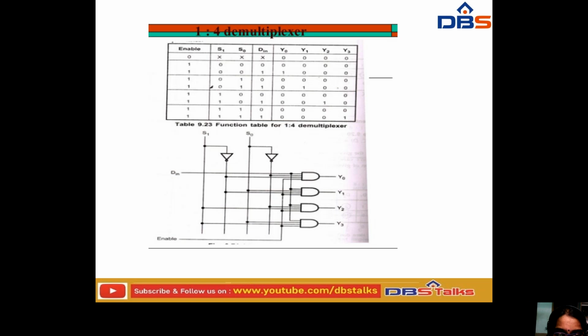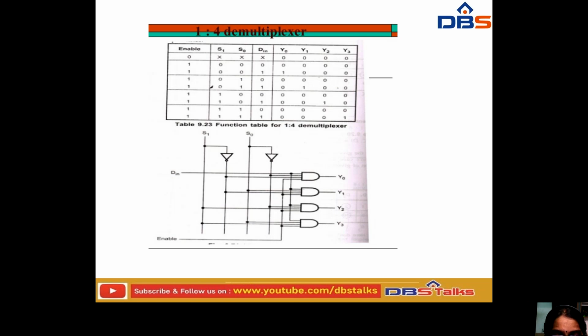For all those AND gates, we have used this. If you observe, the first AND gate takes S0, S1 and the demultiplexer input. Next, S0, S1 and the demultiplexer input, and then S0 and S1 not with the demultiplexer input, and S0 not, S1 and the demultiplexer input.